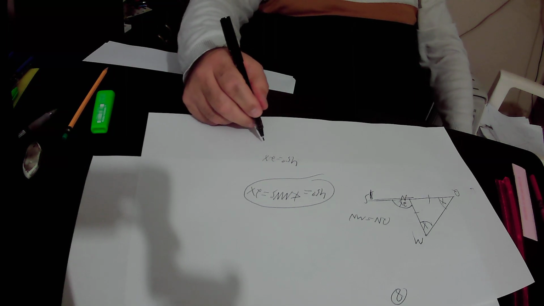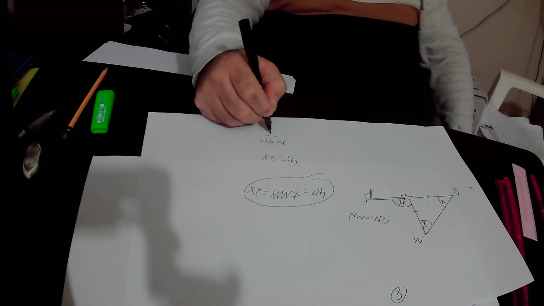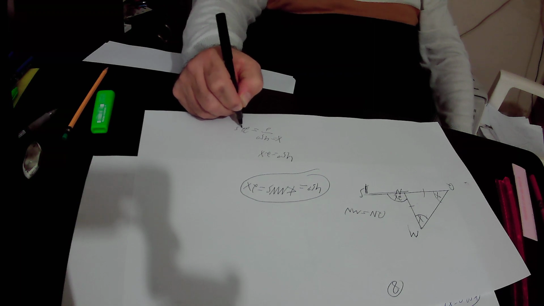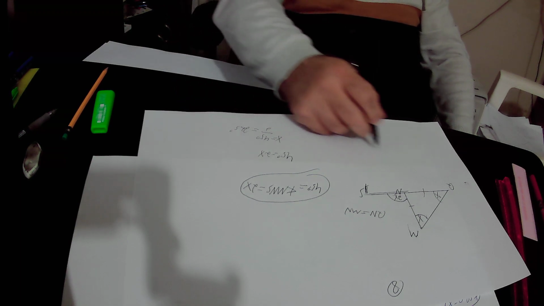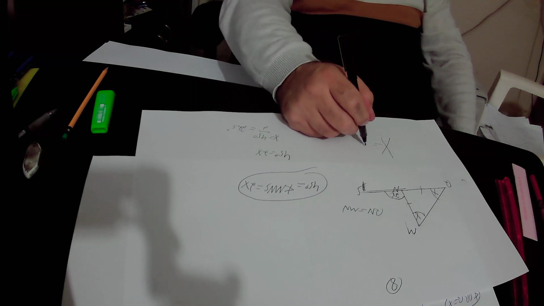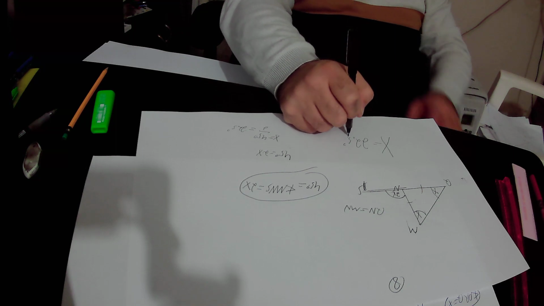We divide by 2 and get x equals 45 degrees over 2, which is 22.5 degrees. So we found that the value of angle x, according to the second method, is also 22.5 degrees. Okay.